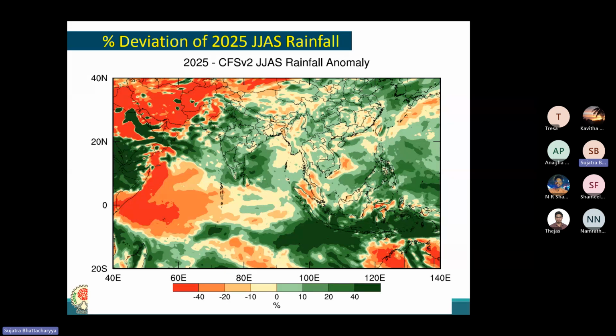But by and large, there is a green area that shows the model is saying about 10 percent above normal rainfall over the Indian region. And this is how the global pattern looks.